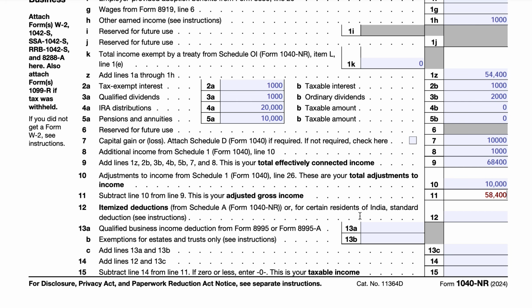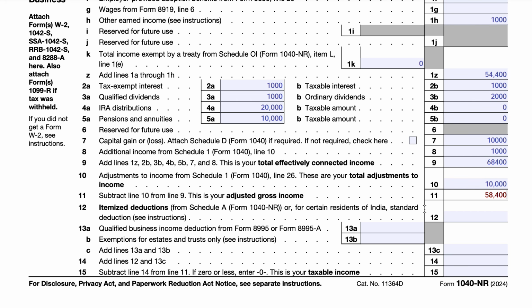For example, certain residents of India can take a standard deduction instead of itemized deductions if they're eligible under the U.S.-India Income Tax Treaty. Generally speaking, though, most people filing Form 1040 NR cannot. So that's generally the main exception.